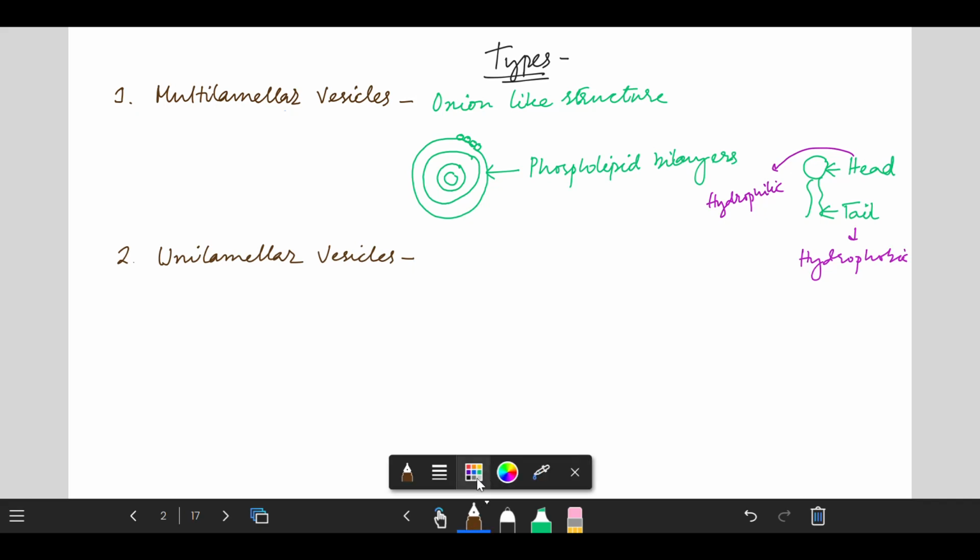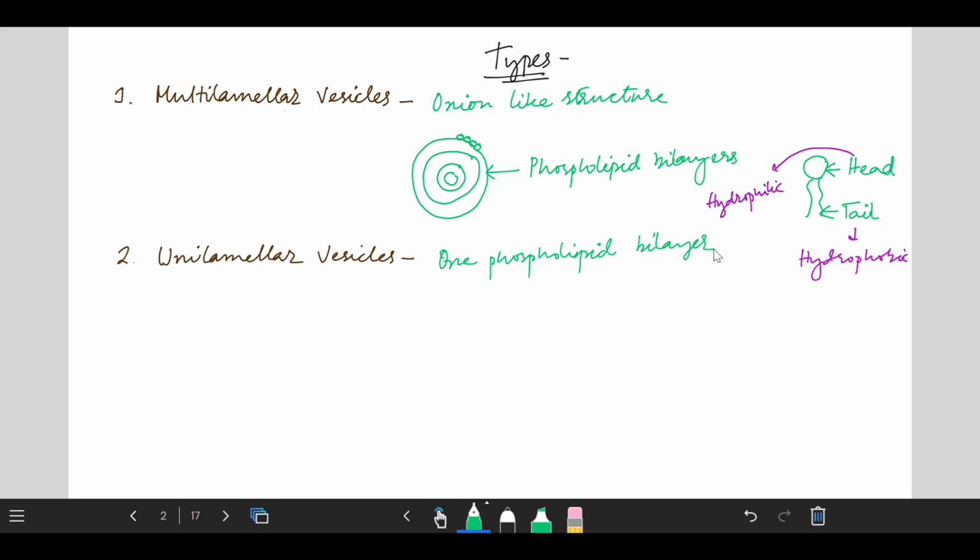So it has only one phospholipid bilayer. Now we will understand it through a diagram. It looks like this. One type of layer. Okay. This is unilamellar vesicles.